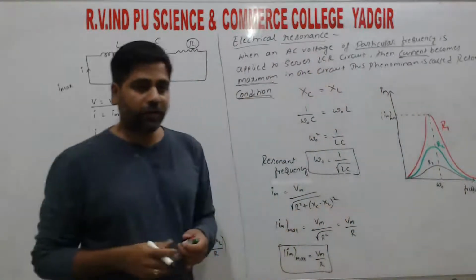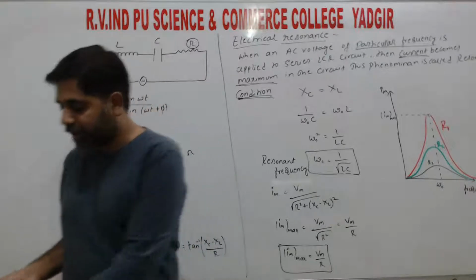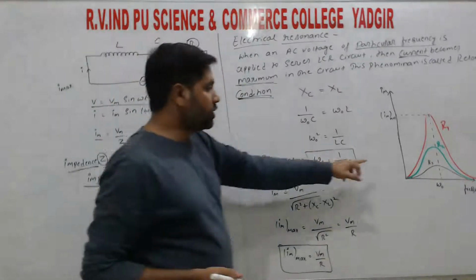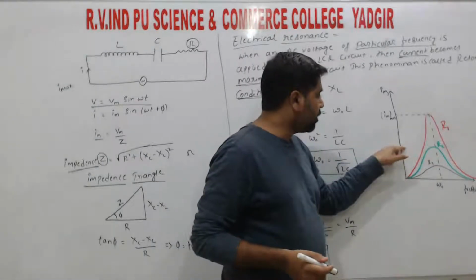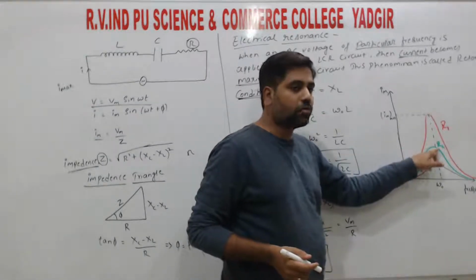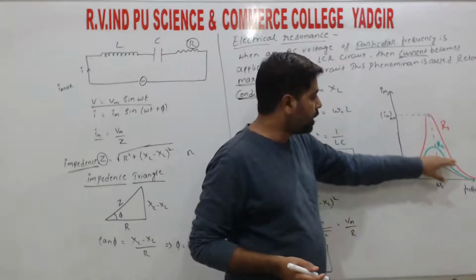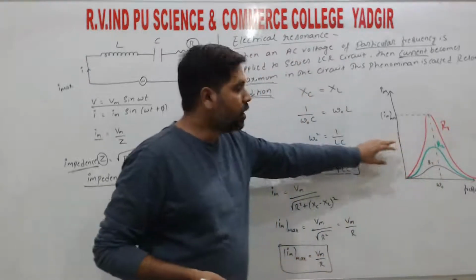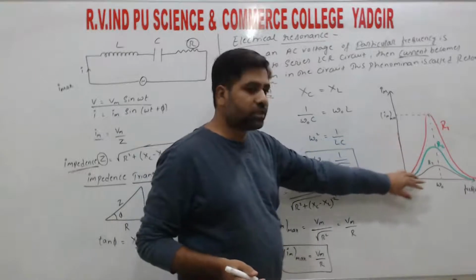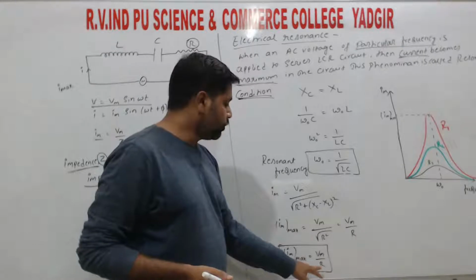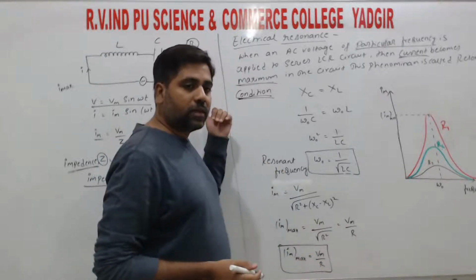So three different resistors, if we connect to the series LCR circuit, we get different maximum currents. So here we are getting the maximum current for the resistance R2. That means R1, R2, R3 are three different values. So when we change the resistor, the maximum current also keeps changing. That means the maximum current is directly related with the resistance in the series LCR circuit.